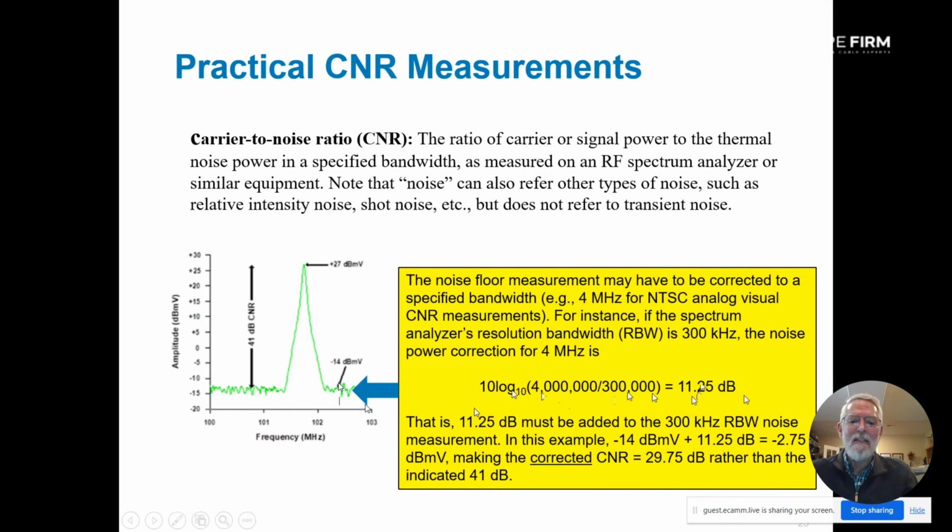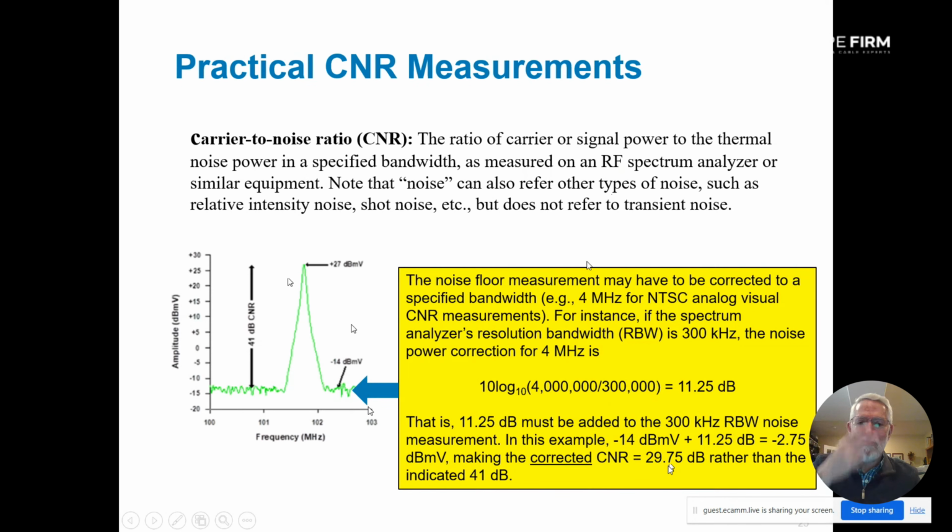So we add 11 and a quarter dB to minus 14 dBmV, which gives us minus 2.75 dBmV corrected noise level measurement. Now the real CNR is not what you see here, 41. It's actually 29.75 dB. So that's a big difference.